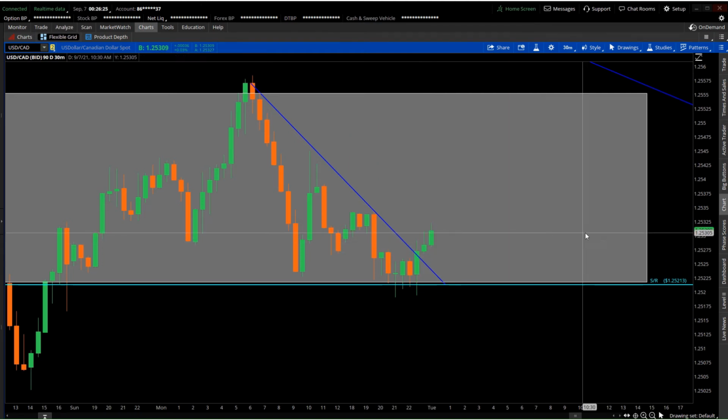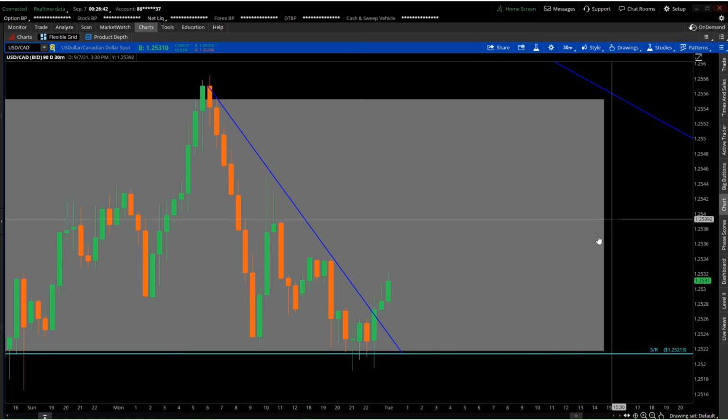But there's still a few more hours to go, because this is an estimated time of 3 o'clock tomorrow for a potential breakout. Sometime between the overnight session and tomorrow afternoon, we should see a significant move towards the upside.